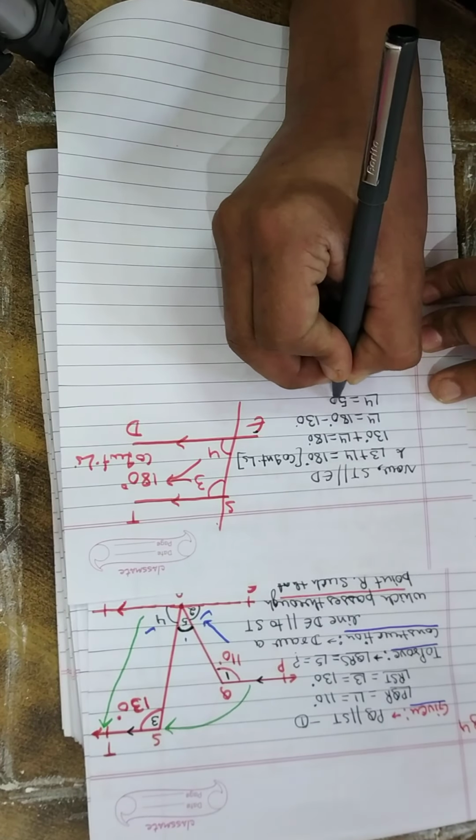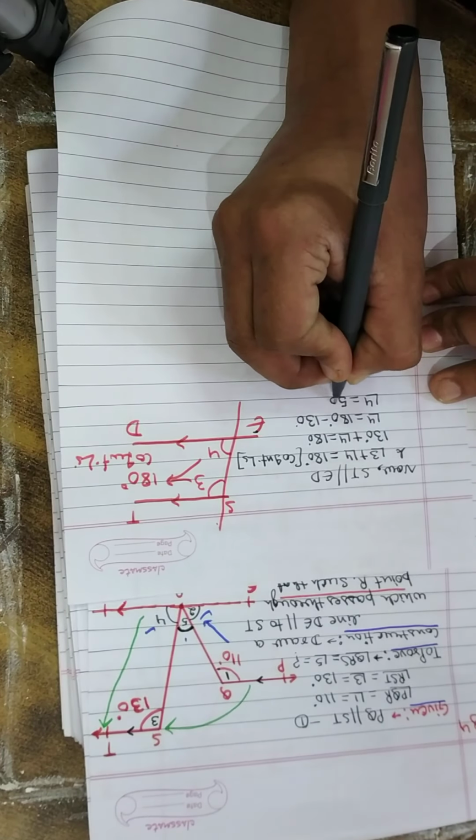Clear? Now we apply the straight line ERD. From the point R there is a line RQ, and from R also there is the line SR. This is angle 2, this is angle 5, and this is angle 4.